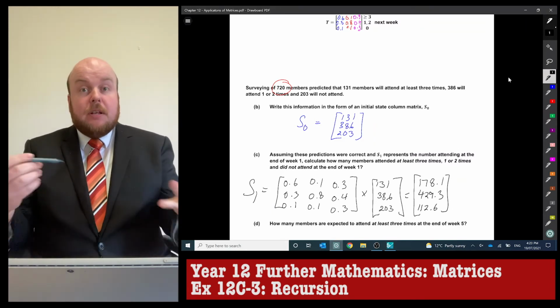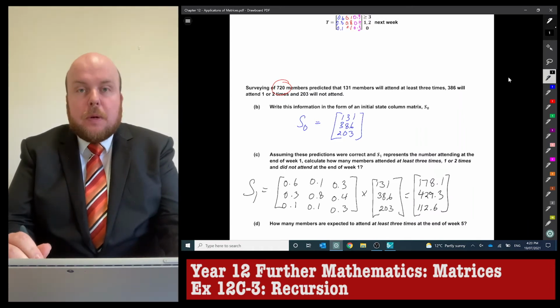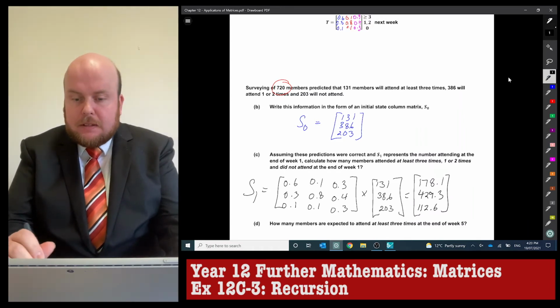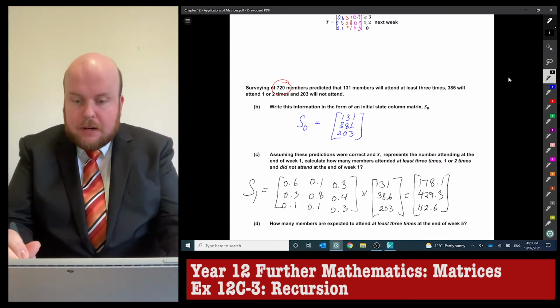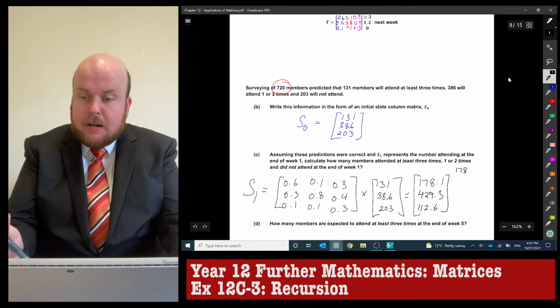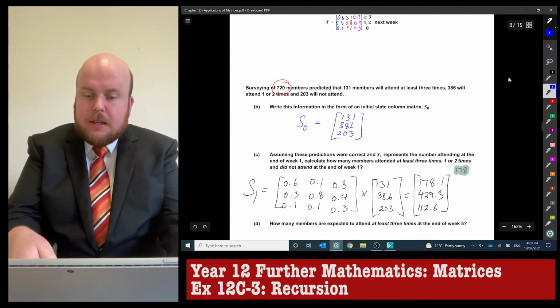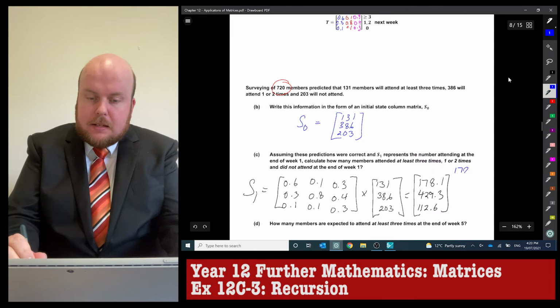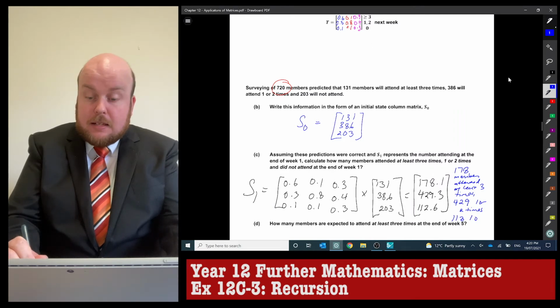So there's our multiplication. Now we need to make sure that we round correctly, because the final answers, when we round them, should still add up to 720. So 178 members attended at least 3 times, 429 1 or 2 times, and 113 in this case did not attend.